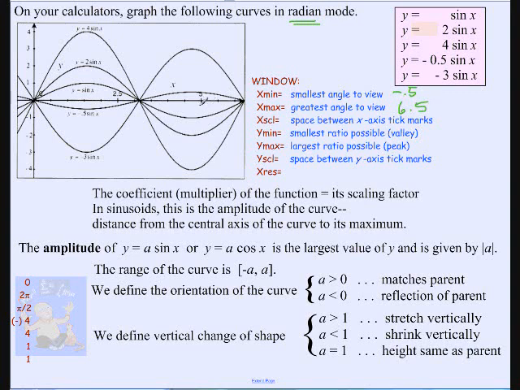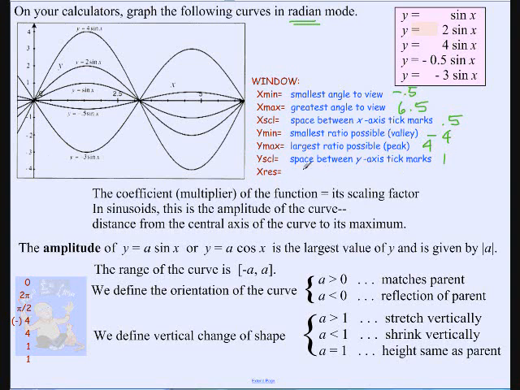The space between the tick marks is 0.5 radians. The smallest ratio possible, what do we see as our least number, is -4. Our largest is a +4, and the spacing between these tick marks is 1.